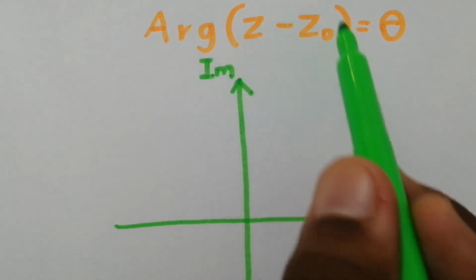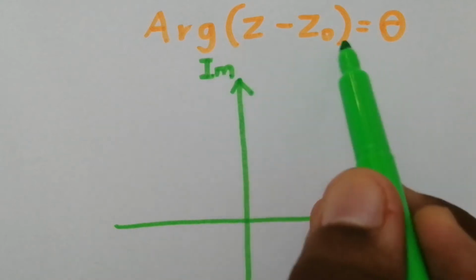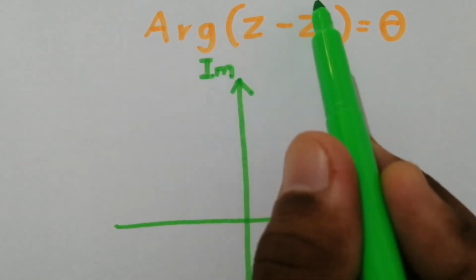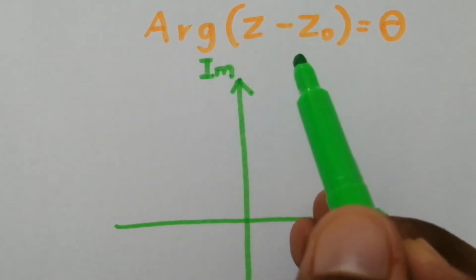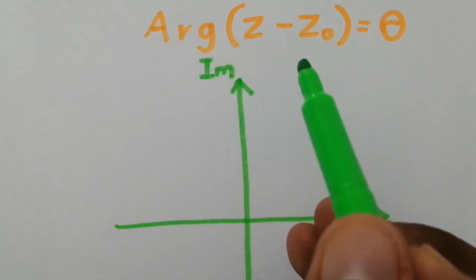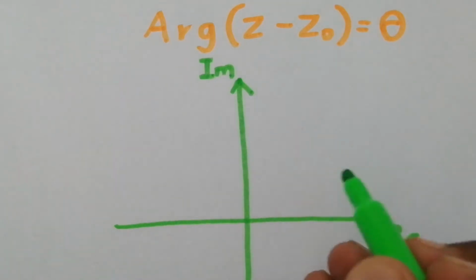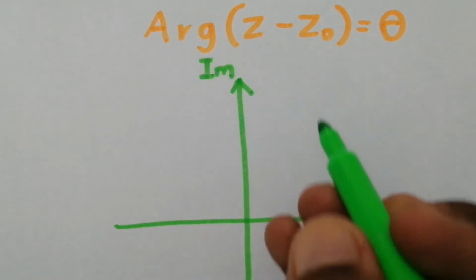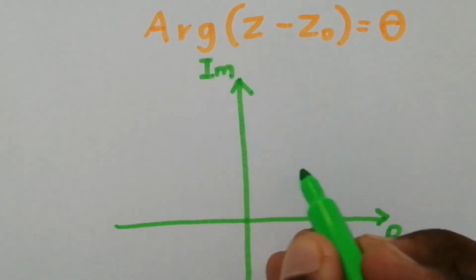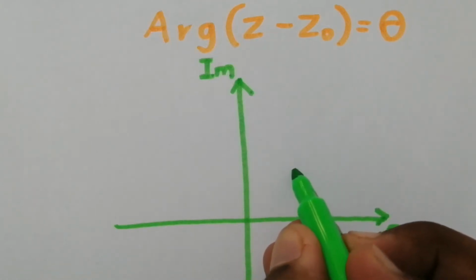Then I should first make it in this form z minus z naught, where z naught is also a complex number. Here it is a fixed point. Then I am considering the fixed point z naught at a place like this.